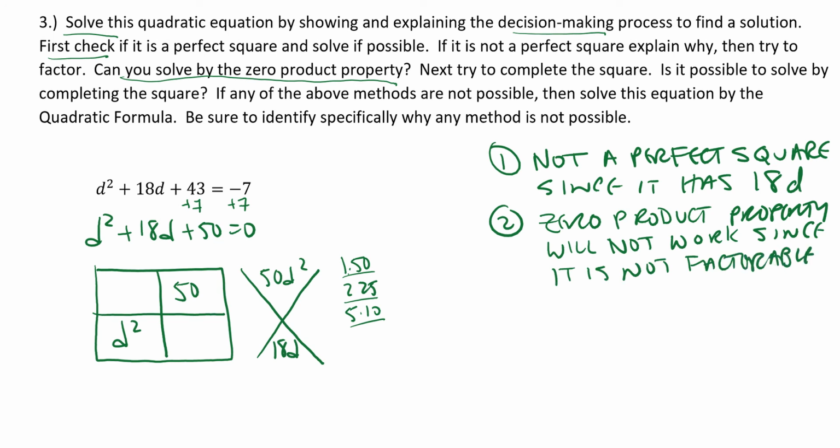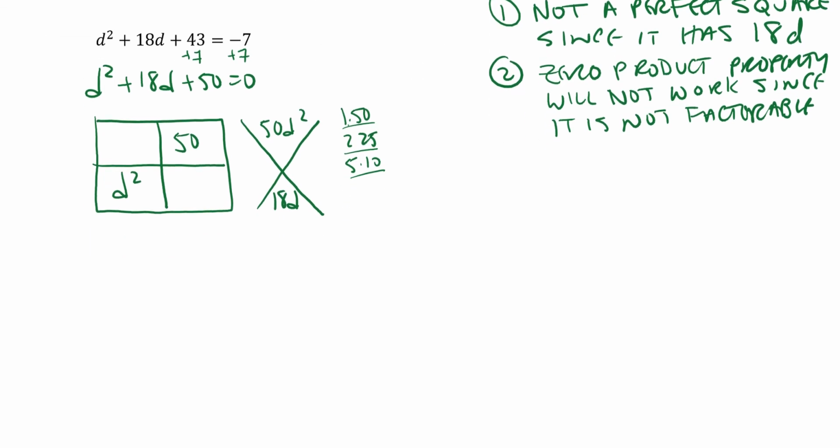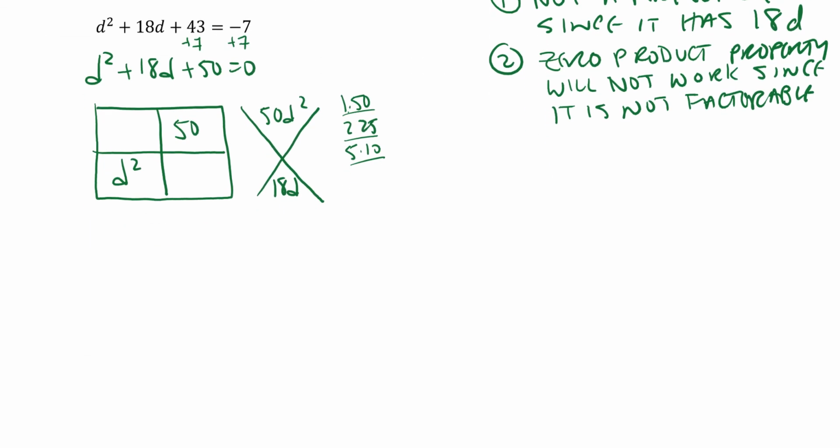Alright, so now the only other method we have is to solve using completing the square. So I'm just going to do this work. We're trying to complete the square on this.